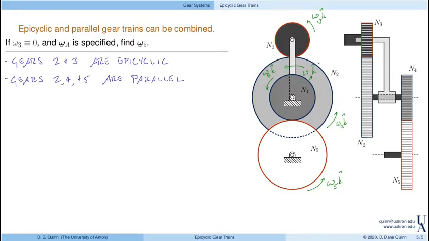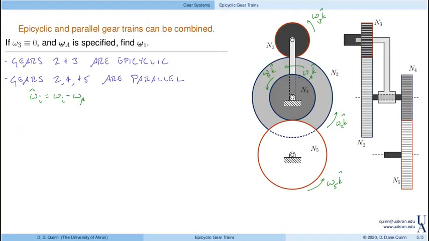Once again, all of these angular velocities are defined positive in the k direction, which allows us to use our gear relationships relative to the arm for the planetary gear cycle. Those relative speeds for gear 2 and 3 are defined as omega minus omega arm.